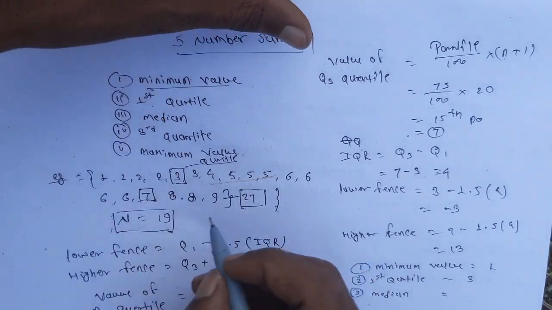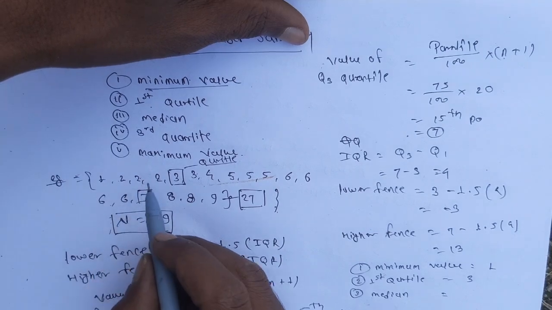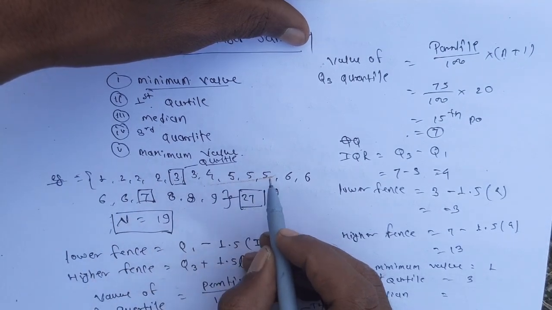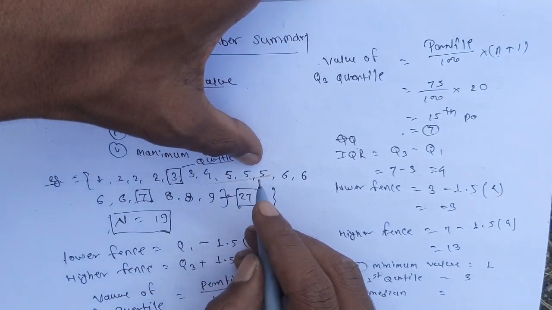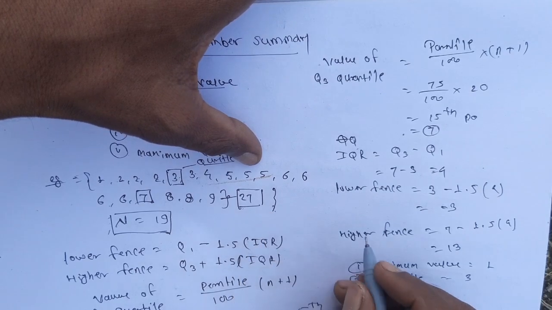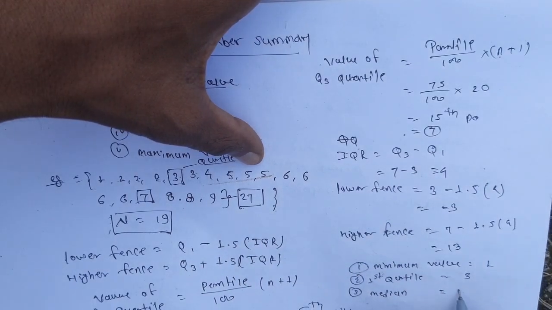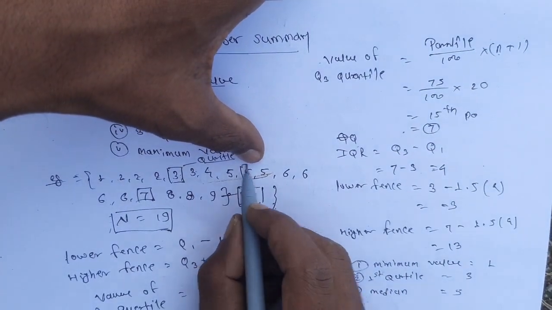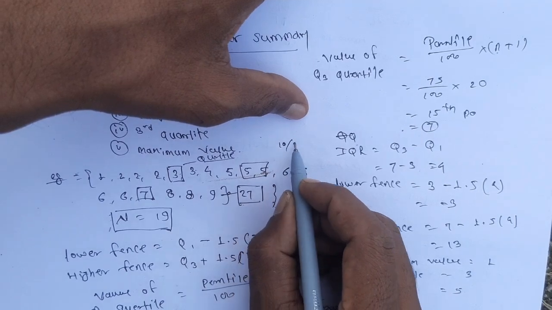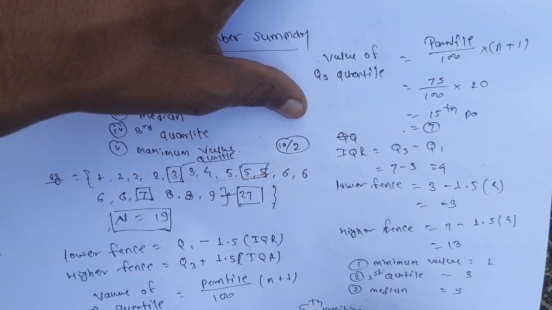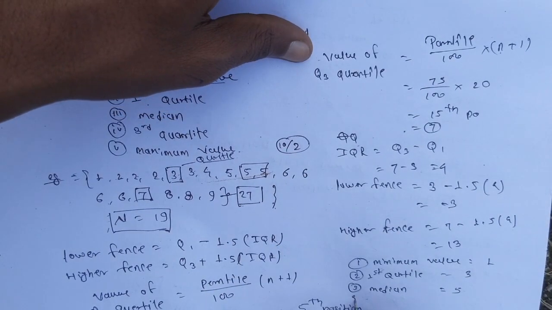What is the median? 1, 2, 3, 4, 5, 6, 7, 8, 9. The median is 5 plus 5, 10 divided by 2, which is 5.